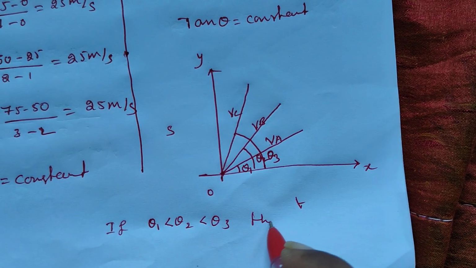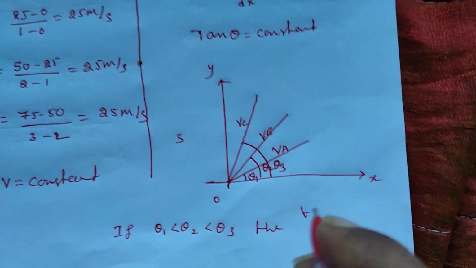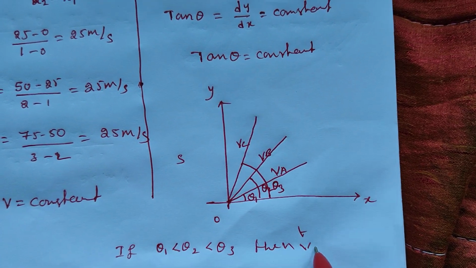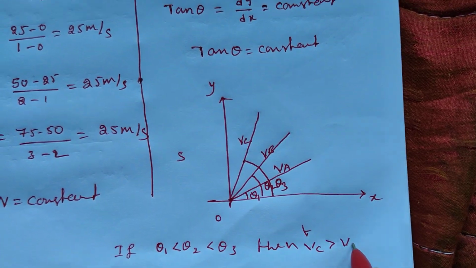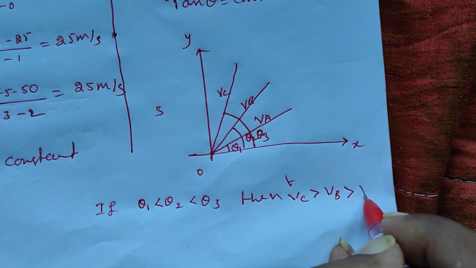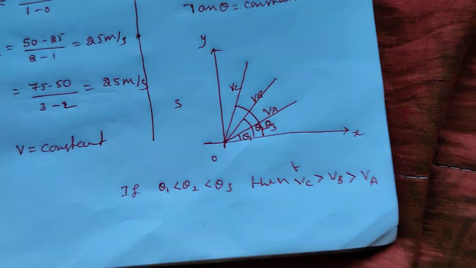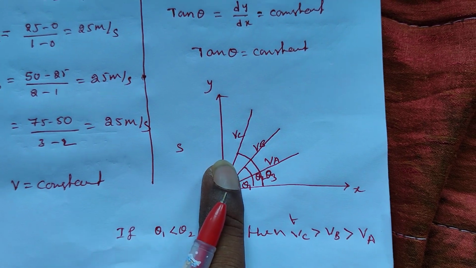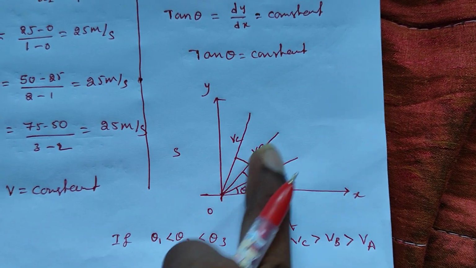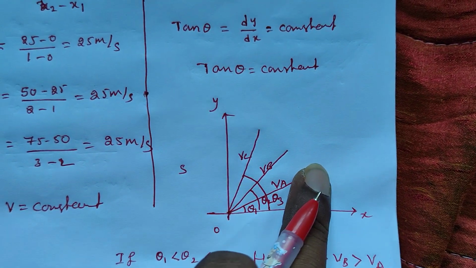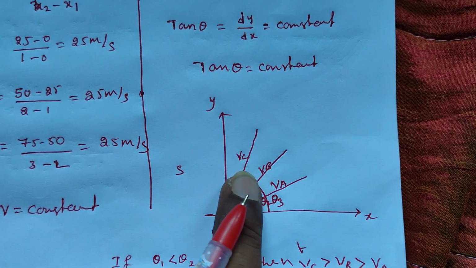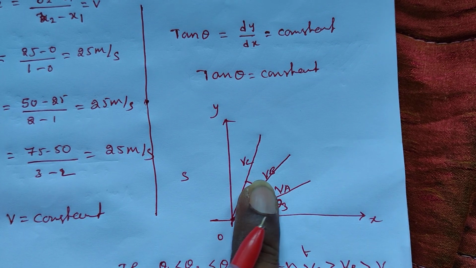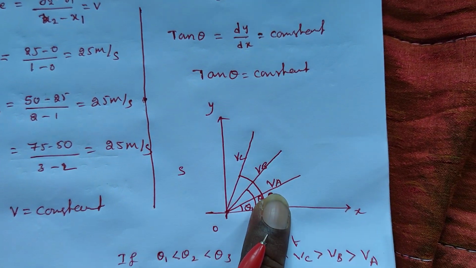Then for the third slope, VC is greater than VB is greater than VA. Understood? So here the velocity of the third body is more than the velocity of the second body and the first body.